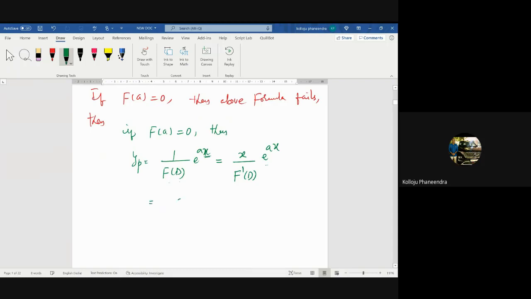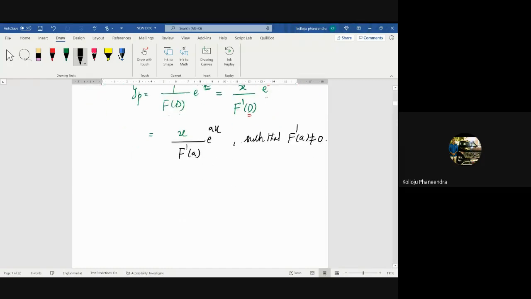Then this is x into, now replace again D by a, such that you get f dash of a into e power ax, such that again the denominator should not be 0. This principle is valid when the denominator is not equal to 0.